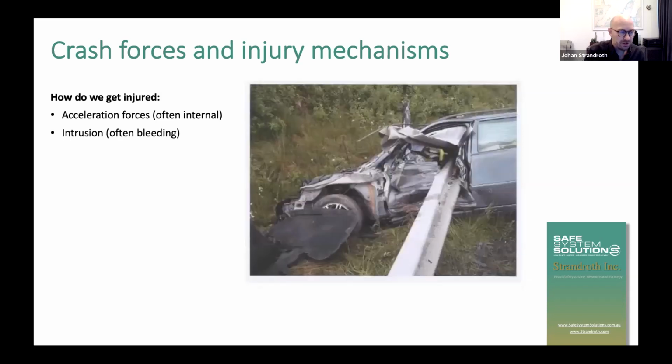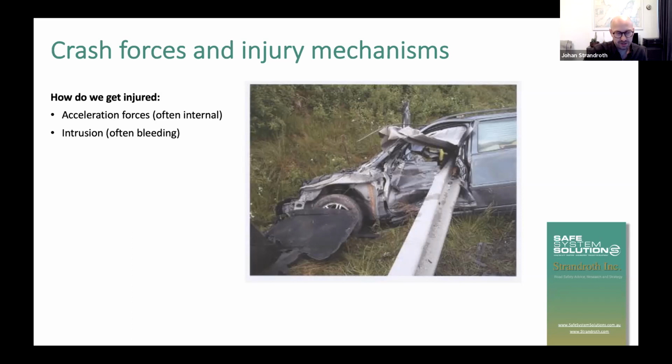Okay, so injury mechanism in terms of intrusion. That happens when the structure of the car is compromised and there's something coming into the environment. If I'm a car occupant, of course, I can experience that, and also if I'm a pedestrian or a rider or any type of vulnerable road user, but maybe we wouldn't talk about intrusion then.